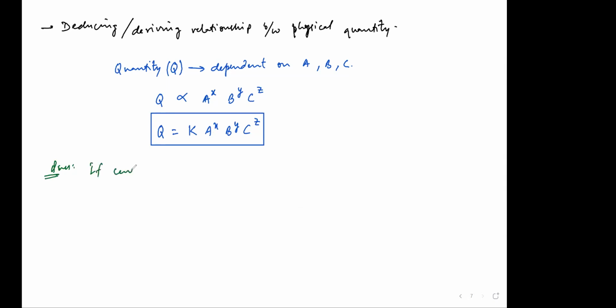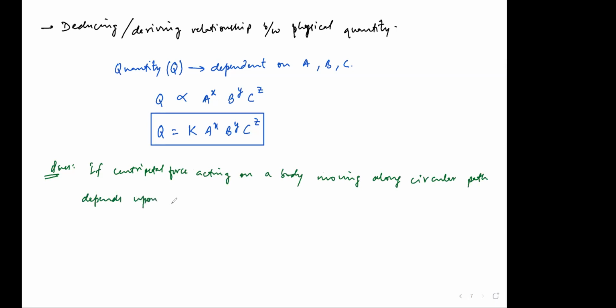If the centripetal force acting on a body moving along a circular path depends upon the mass of the body, the radius of the path, and the velocity v, using this, deduce the relationship.